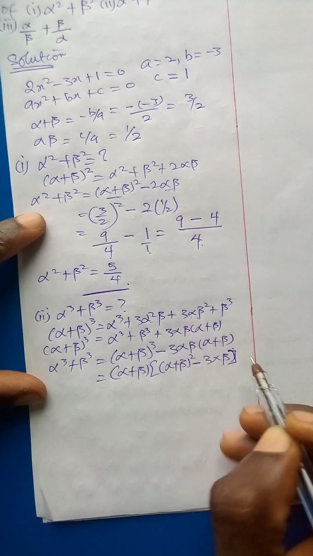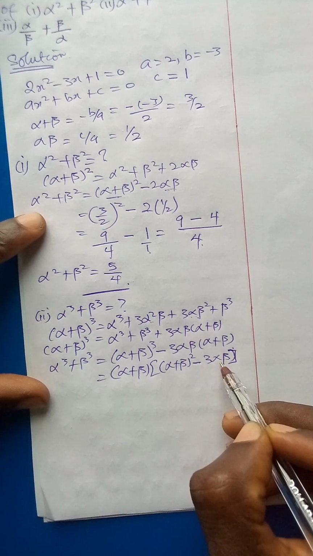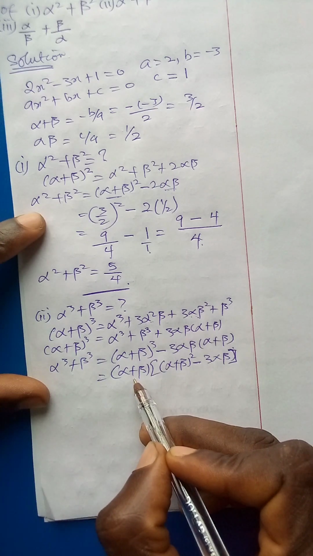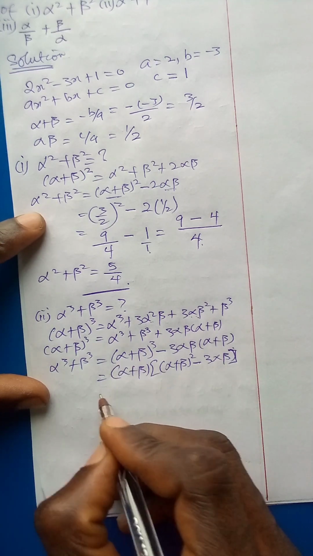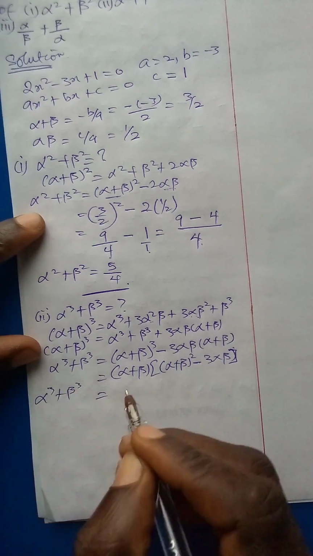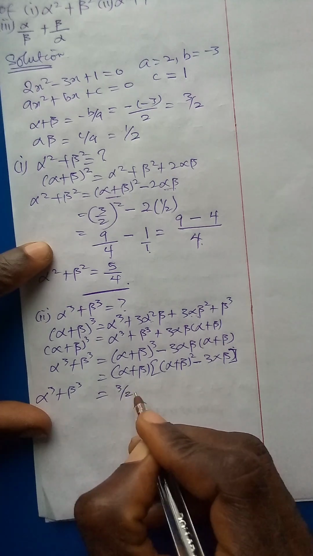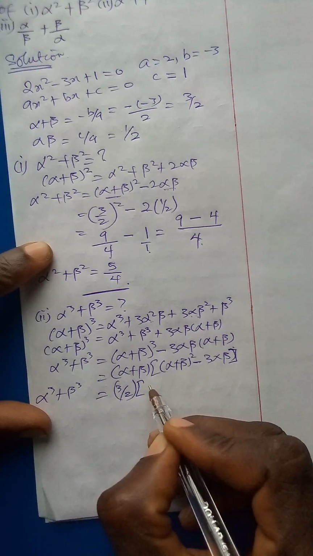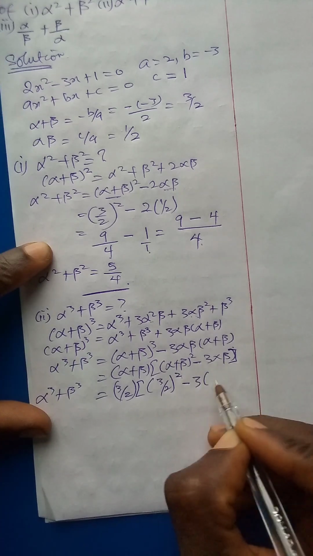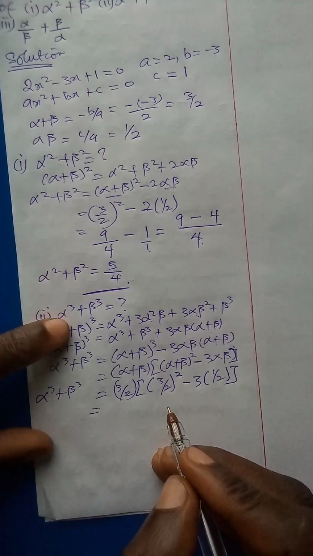Again, we see that there is an expression for alpha plus beta, which is the sum of roots, and the product of roots. So let us put in the values. So alpha cube plus beta cube will now give us alpha plus beta, which is 3 over 2, then another 3 over 2, this time we'll square it, minus 3 times 1 over 2. Good. And then we finish up.